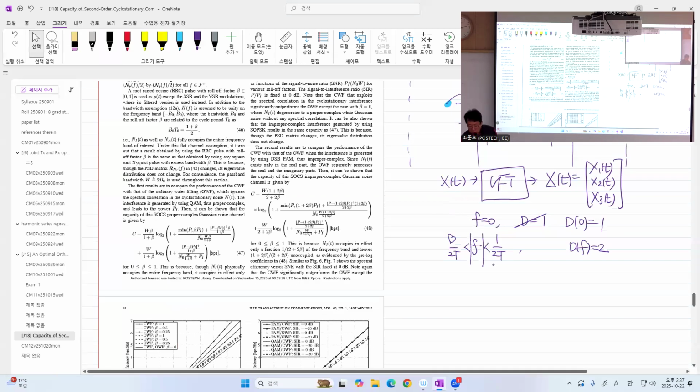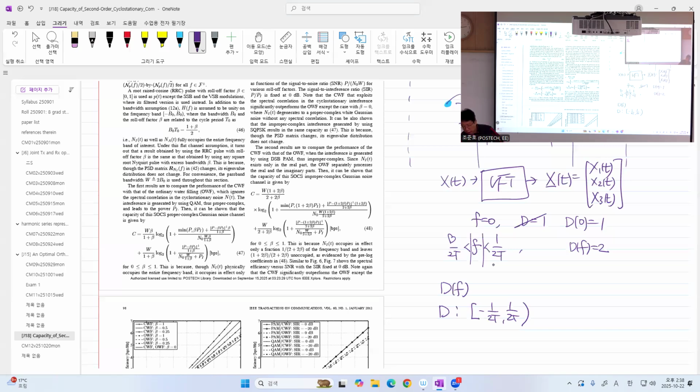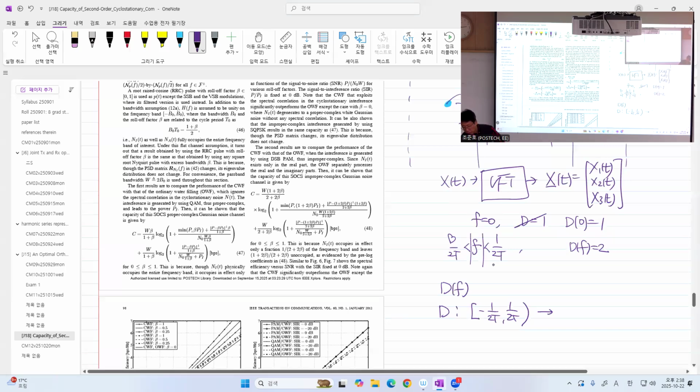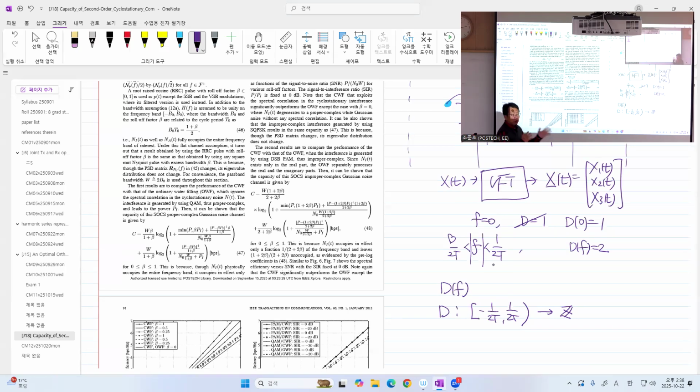So what you can do is construct some function D of f from negative 1 over 2T to positive 1 over 2T, inclusive or exclusive, it doesn't matter in the measure theoretic sense, into the integers. And this value gives you the dimension of the signal in the frequency domain.